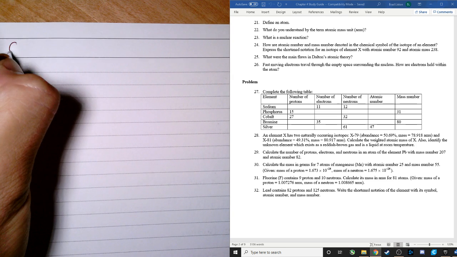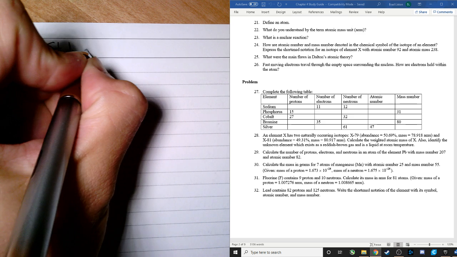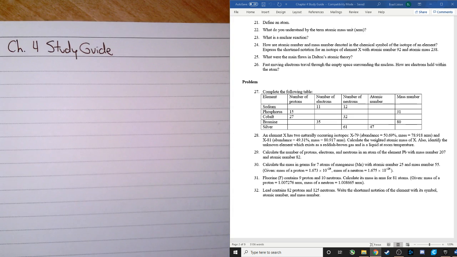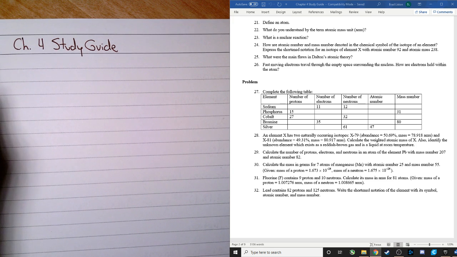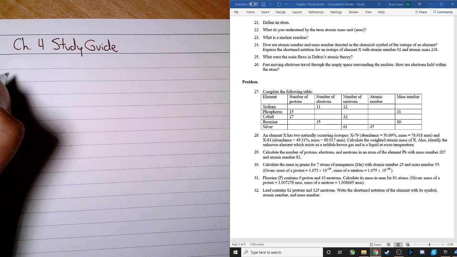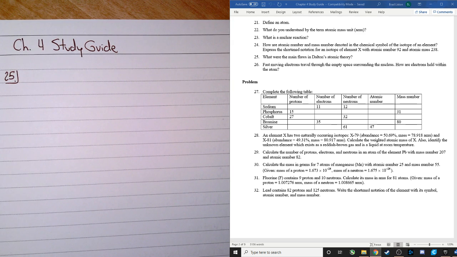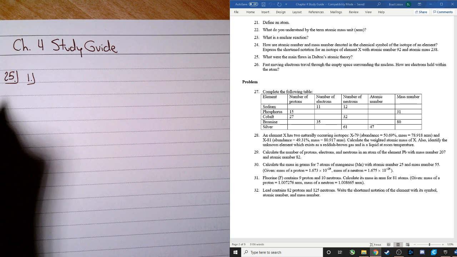Continuing on with chapter 4. We are now on to number 25. What are the main flaws in Dalton's atomic theory? His flaws, so kind of have two of them.